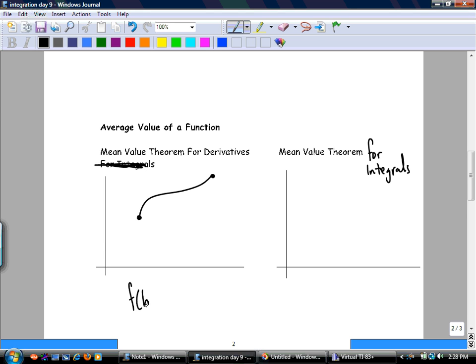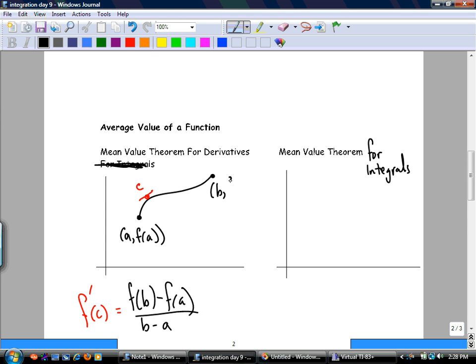F of B minus F of A, and that equals some point C. So the mean value theorem for derivatives says that there's some point C that has the same slope as the average slope on the curve.